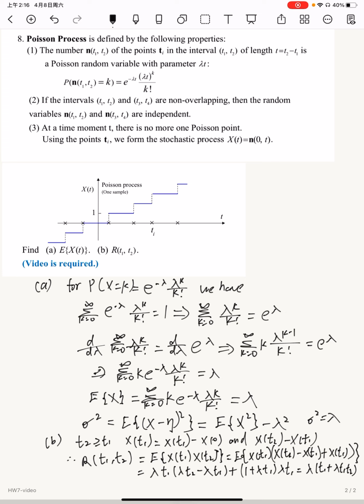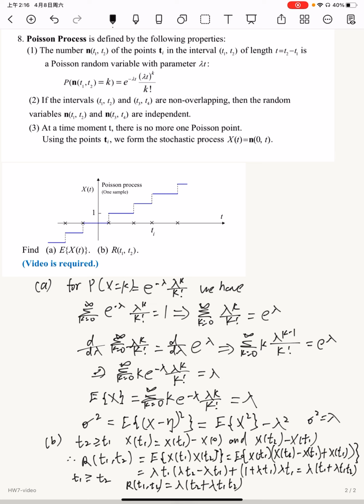And similarly for t1 greater than or equal to t2, we can get R(t1, t2) equals lambda multiplied by t2 plus lambda squared t1 t2.